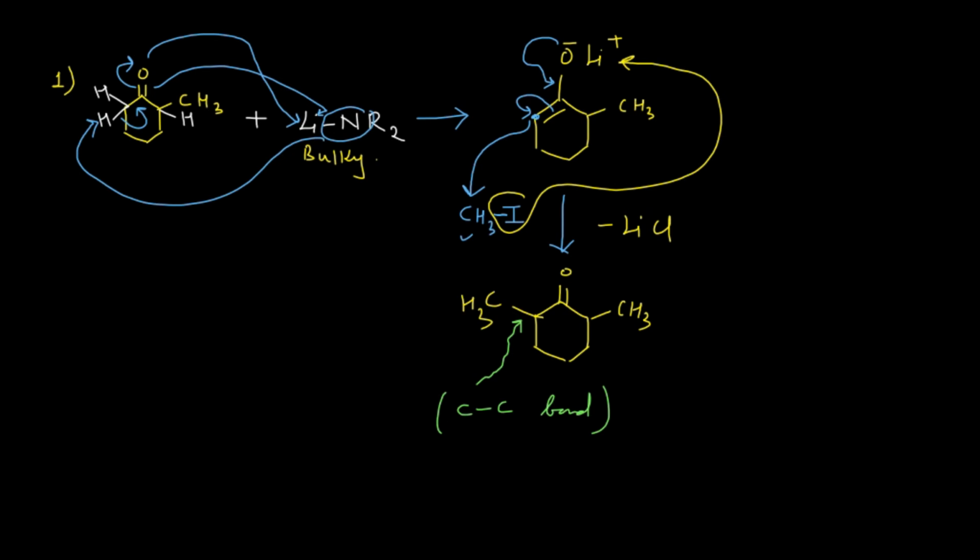Now one thing you will always remember whenever you are using the LDA, of course minus 78 degrees centigrade, I forgot one thing to write here, minus 78 degrees centigrade would be there, and whenever you use the LDA as a base, tetrahydrofuran will be used here. It's a heterocyclic compound, tetrahydrofuran. Okay, a 5-membered ring, one oxygen is there.